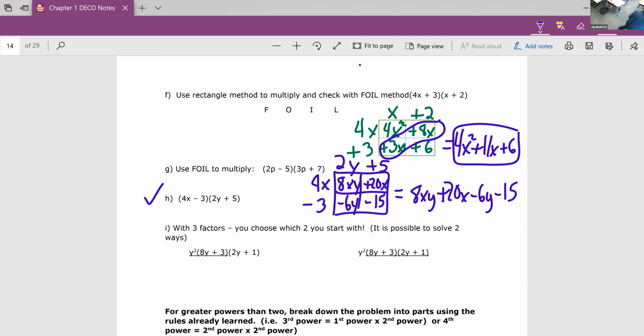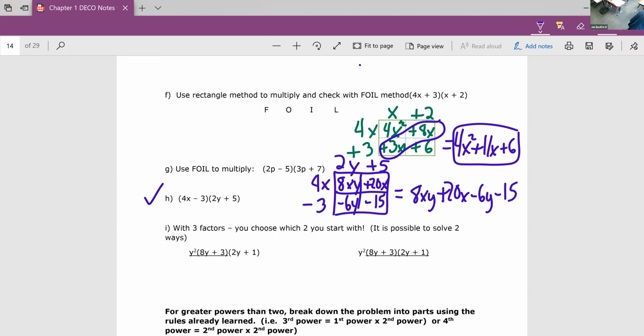I can either choose to distribute first, and then I'll have a new binomial times this binomial, or I could do the binomial times the binomial first, and after I get that, I could distribute the y squared through. It doesn't matter which 2 you pick, you're just going to pick 2 and then multiply it out.